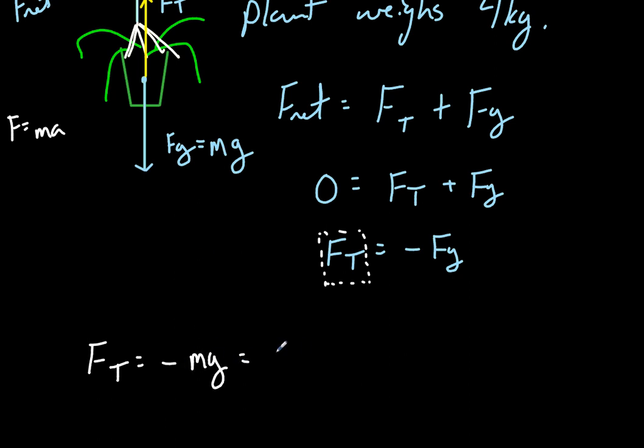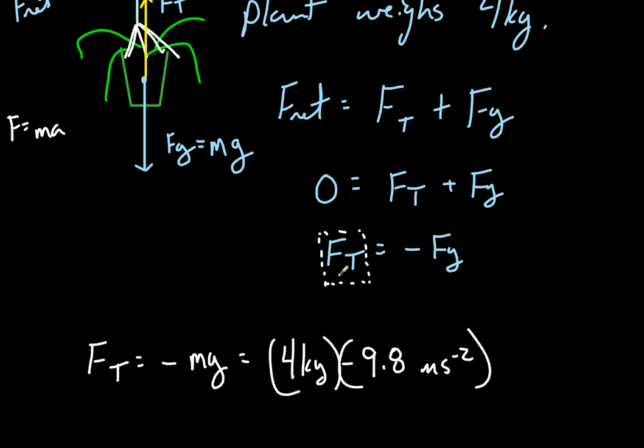And if we have a 4 kilogram plant, and we have a negative 9.8 meters per second squared acting on it, and let's not forget that there was a negative in front of the whole thing, what you'll end up with is 39.2 newtons. Okay?